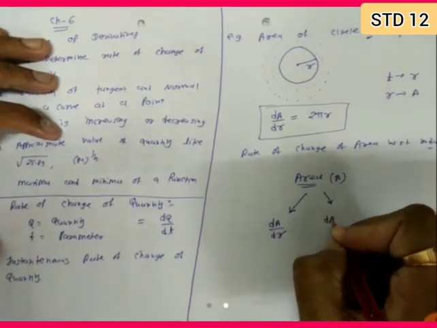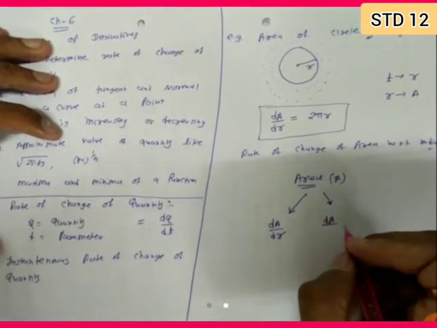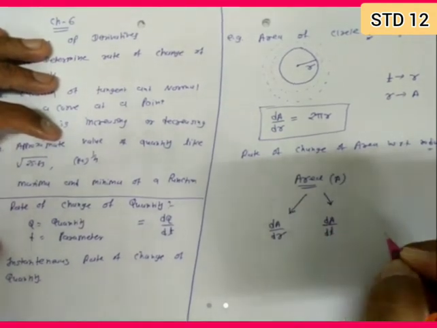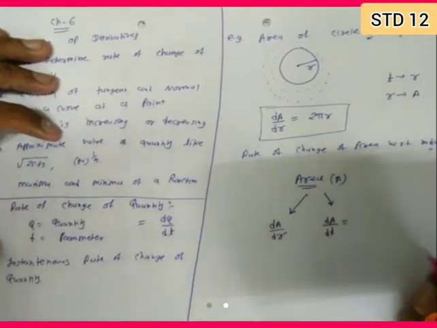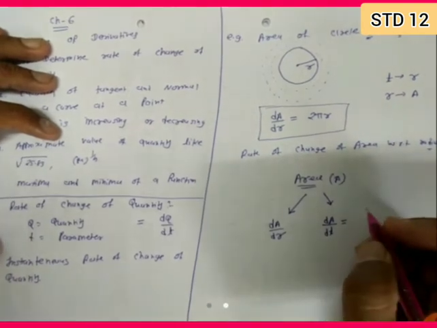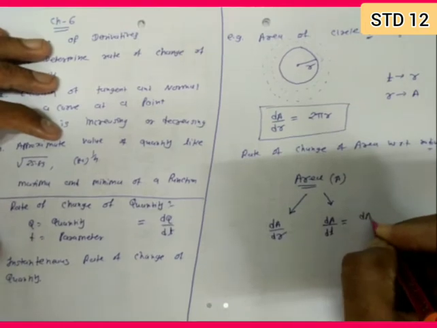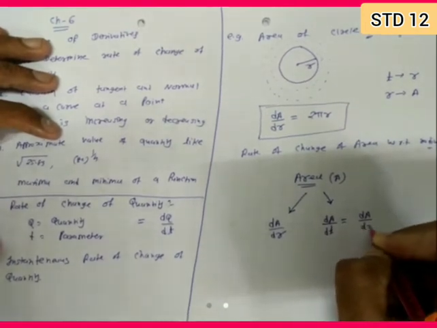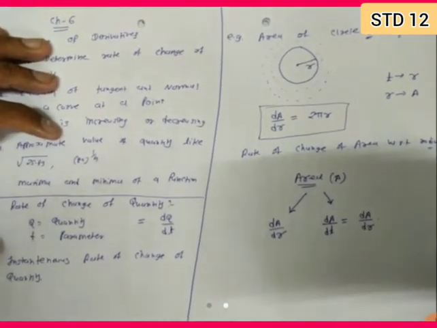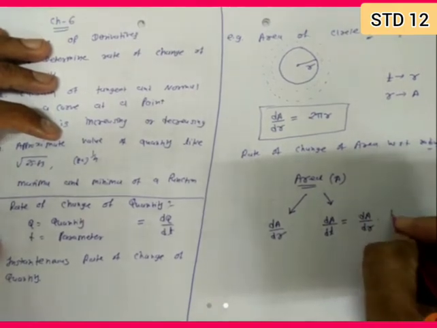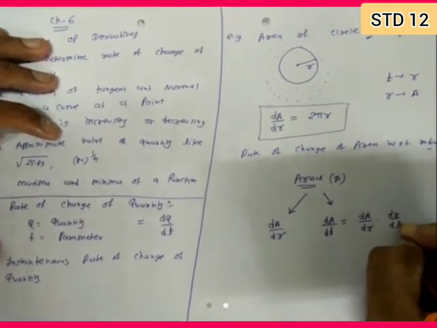So that is another rate of change of quantity. It means the rate of change of area with respect to another parameter, which is time. So how can you find this rate of change of area with respect to time? For that you have to apply the chain rule. That means the area of the circle changes with the radius, which is the rate of change of area with respect to radius, and again radius changes with time.